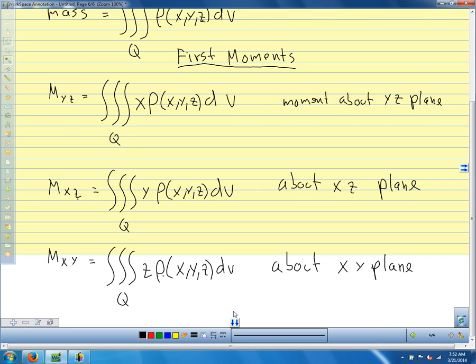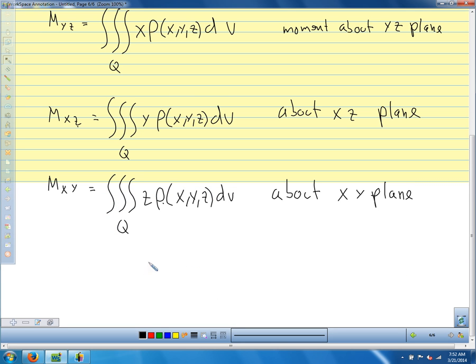And then our center of mass is x bar is m sub yz over m. Y bar is m sub xz over m.